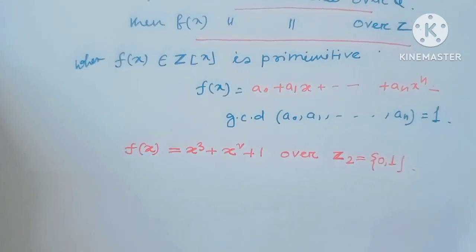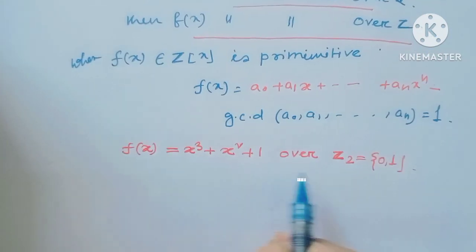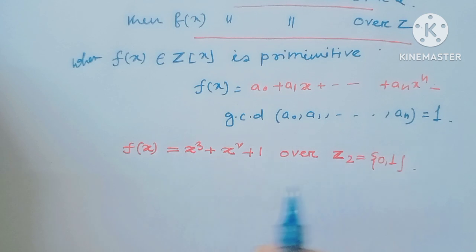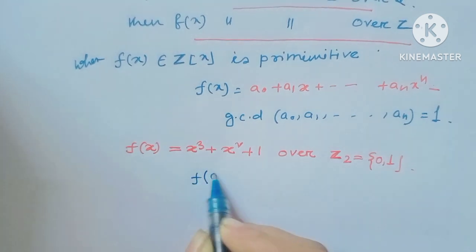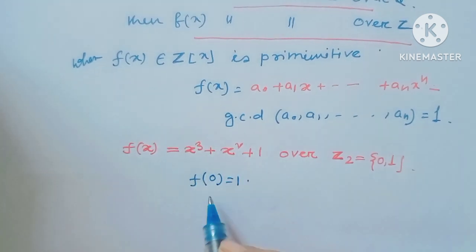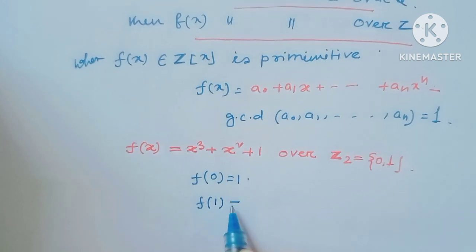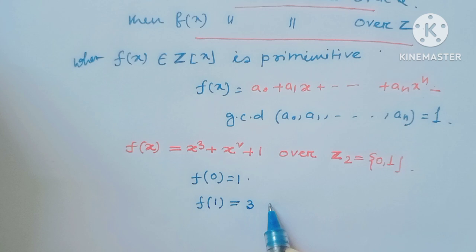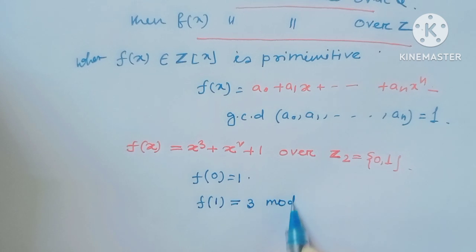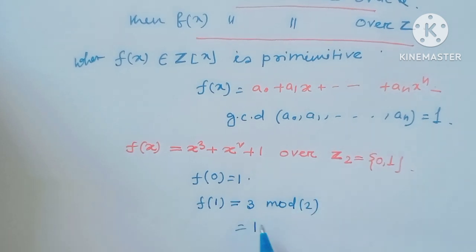Example, f(x) equal to x cube plus x square plus 1 over Z2. Notice f(0) equal to 1 and f(1) equal to 3, and mod 2 this value would be 1.